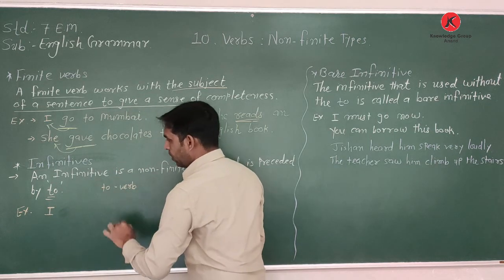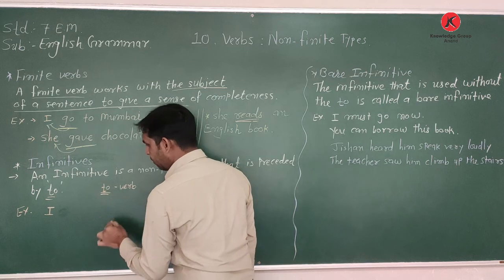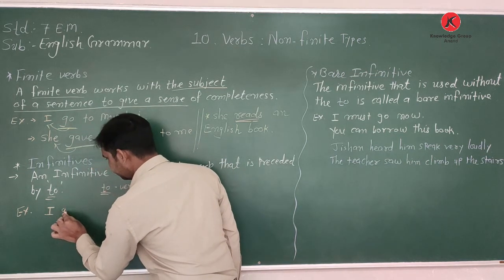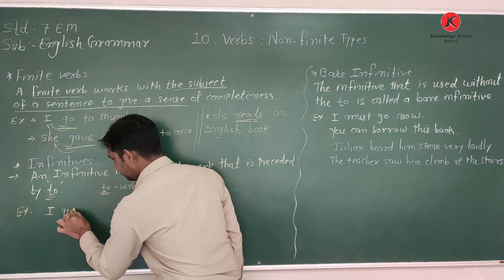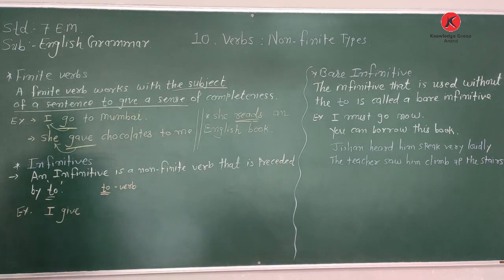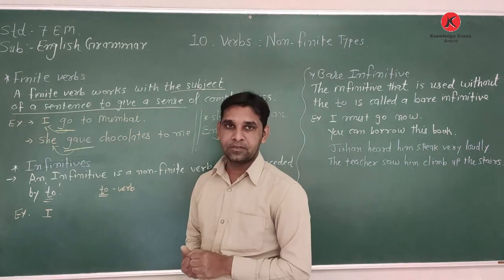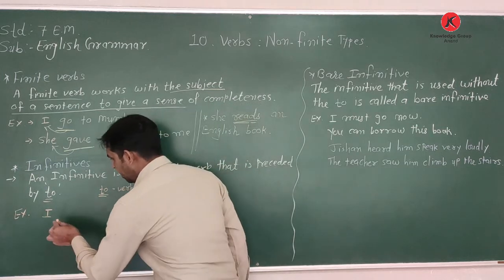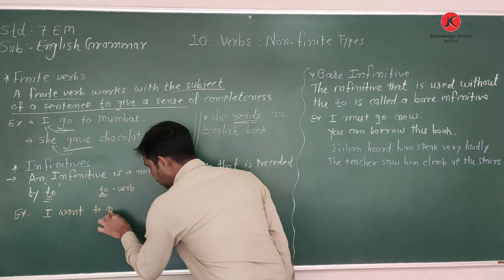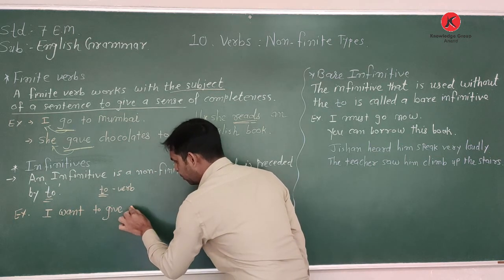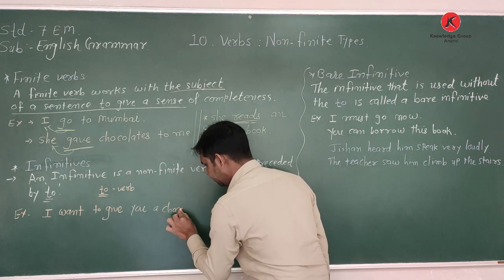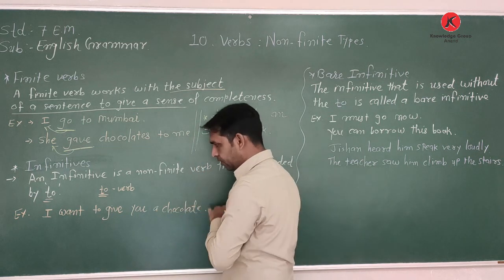Infinitive: how we use to with the verb. The example: I want to give you a chocolate, or rupees if you want to write.